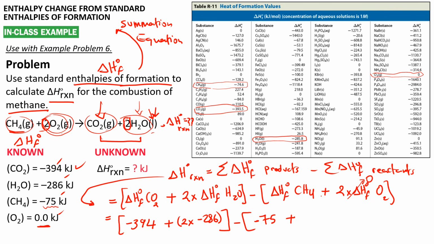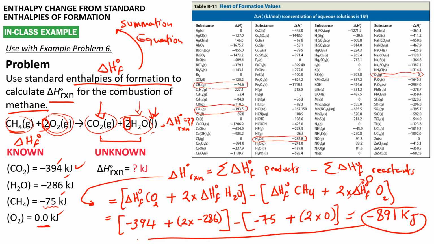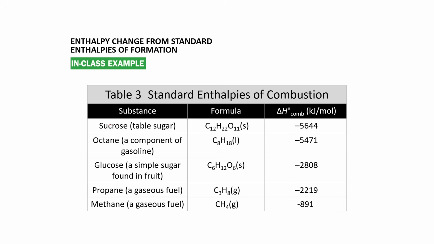All of this is going to be 0, but we'll just write it down, no problem, for the sake of writing the equation. And then you put this equation in the calculator and you should get minus 891 kilojoule. So this is the delta H RXN for this reaction.